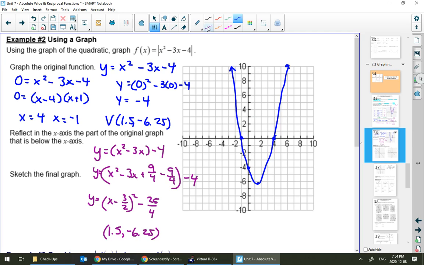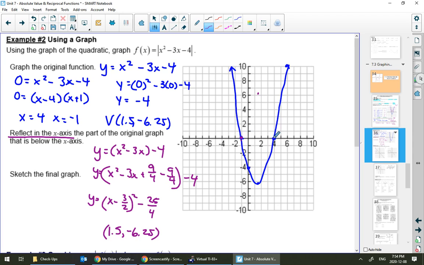And then we want to take our absolute value function. Now, when we're doing the absolute value, what we're doing is we're reflecting in the x-axis any part of the original graph that's below the x-axis. So this piece down here is below the x-axis, so that part's going to get reflected. And so where we had our vertex of (1.5, -6.25), we're now going to have a local max at (1.5, 6.25).